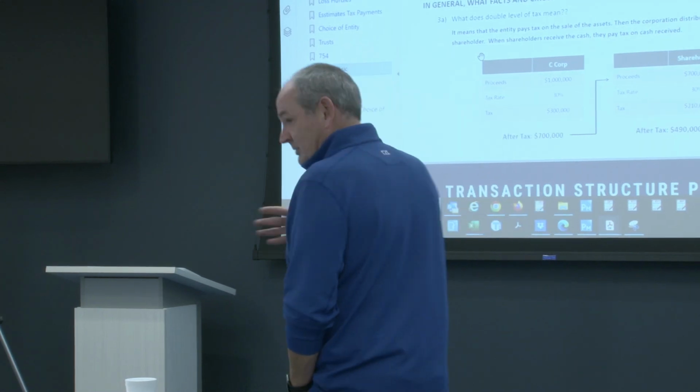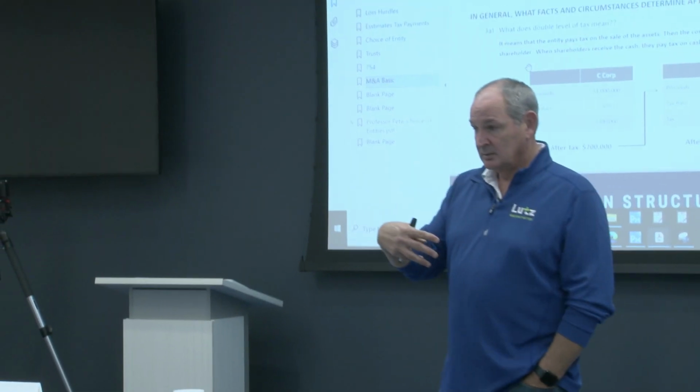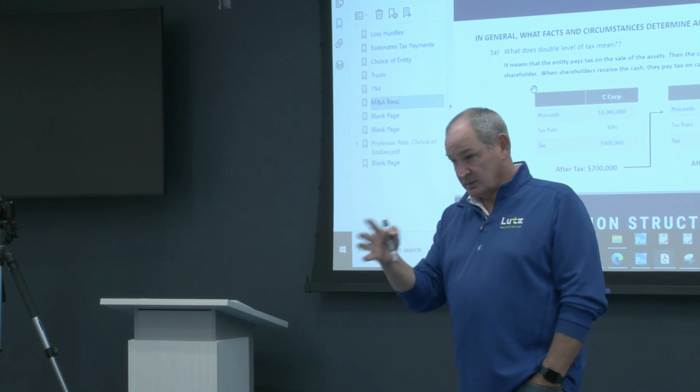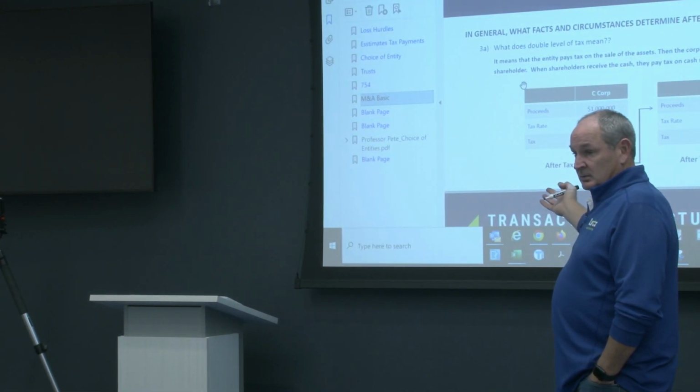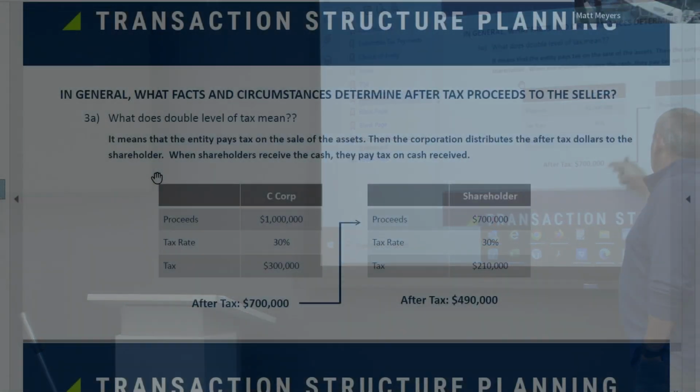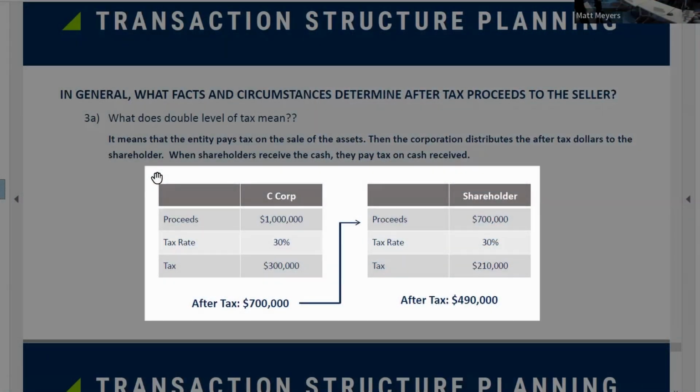Okay, so the corporation redeems back its stock, or liquidates or something along those lines, or it can issue a dividend. And when it does that, $700,000 is going out to the shareholder in redemption. There's a 30% tax rate, which is 23.8%, which is 20% federal rate, 3.8% NIIT, and then 6% state, which is now 5.84, whatever that number is, and $210,000 of tax is due.